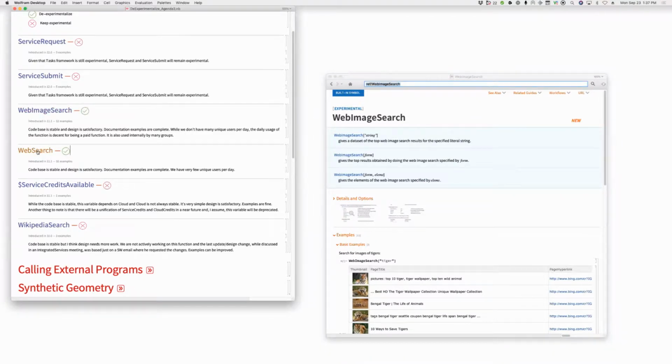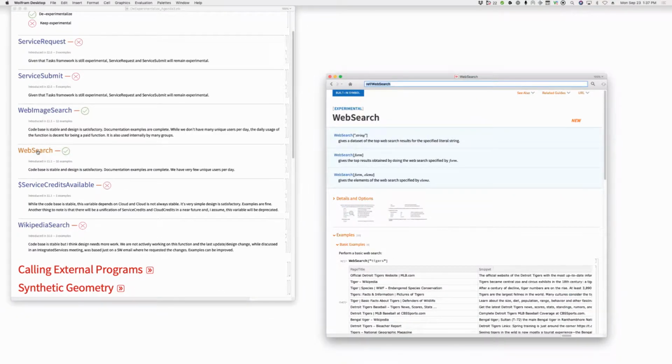I don't understand how we can de-experimentalize these. You know, given that TextSearch, we still don't have a clear pattern for, let's see, we don't have a clear pattern for what the tagging of different types is, like what we have in WikipediaSearch, where there's title, etc., right?